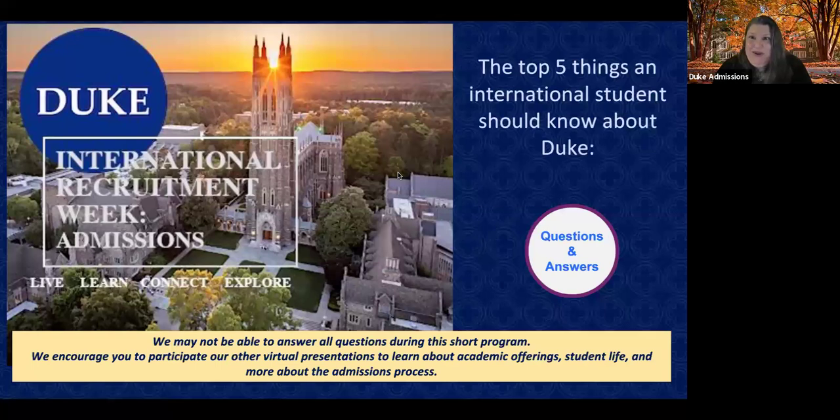Even within the US, there are many different school systems, many different grading systems. So don't feel like you need to do anything differently than what your school naturally provides, other than it being in English so that we can understand. We're not asking for you to submit any additional documents as part of the admissions process. So the application process in that way is the same.